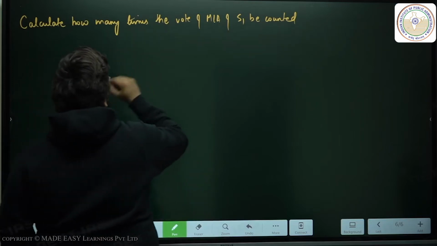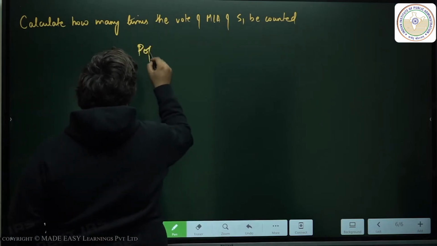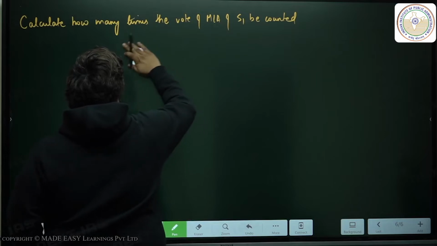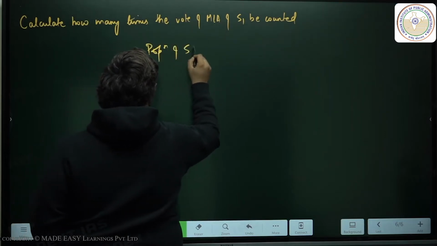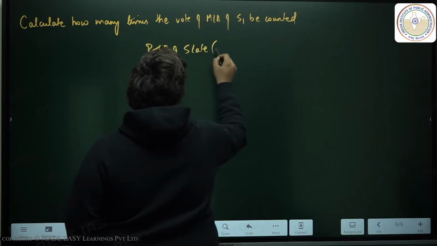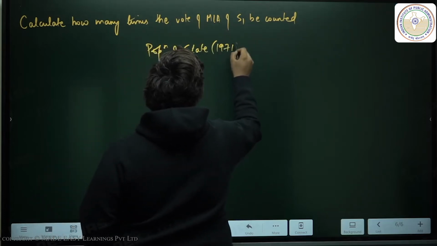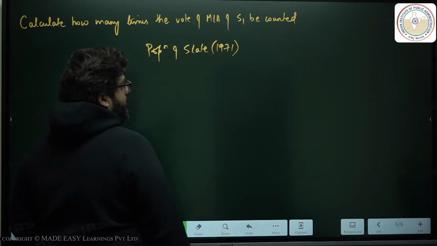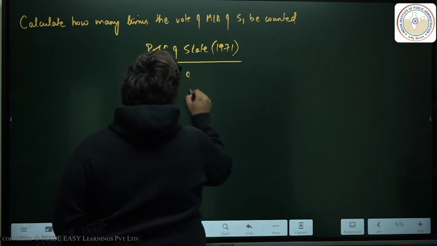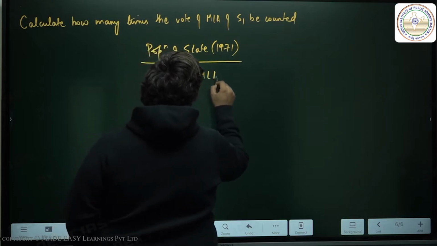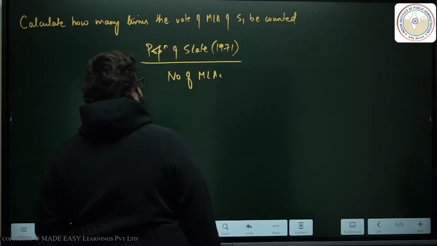This is nothing but the population of the state as per the 1971 census upon the number of MLAs in that state.